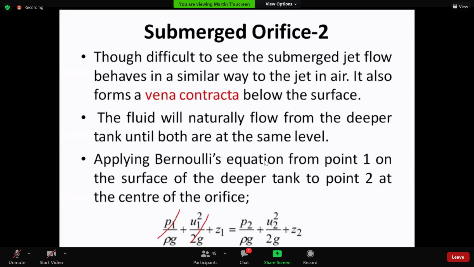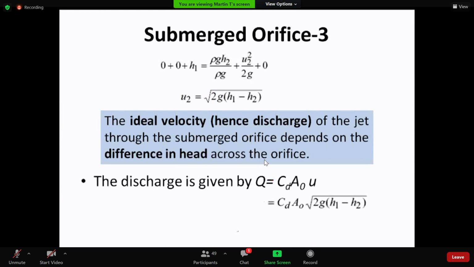So if you take this Z2 here, we remain with H2 rho G over rho G plus U2 squared over 2G, which is equal to Z1 minus Z2, which is H1. So we'd have it that way, and then we can say U2 is equal to the square root of 2G into H1 minus H2.